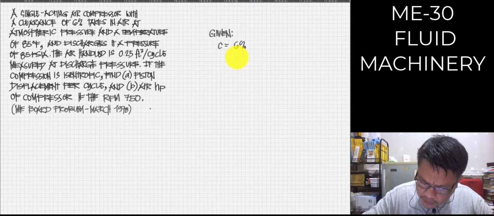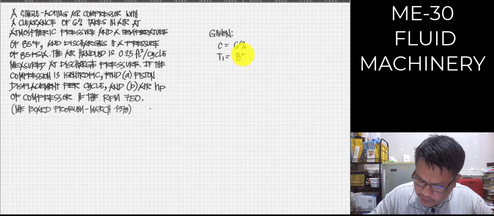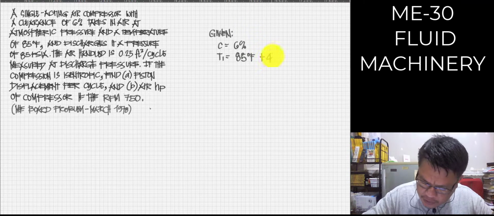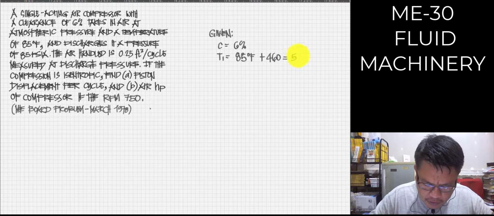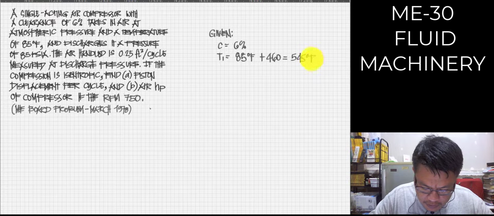Then we have temperature 1, T1, which is 85 degrees Fahrenheit. I'm going to add 460 to convert this to an absolute value in Rankine, so this is 545 degrees Rankine.